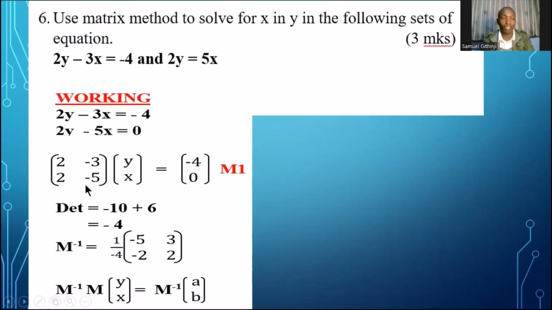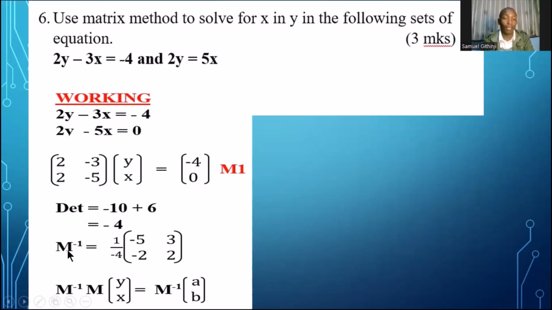Matrix of the coefficients, matrix of the variables, matrix of the constants. And you can see if y was the first, then on top there will be y and x down there, depending on this arrangement here. Then I do the determinant. The determinant of the matrix of the coefficients, I'll start with the principal diagonal, negative 10 minus 6, and then I get negative 4.